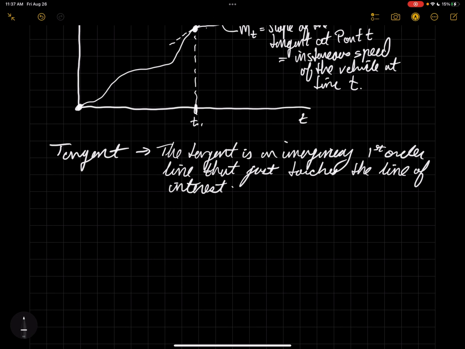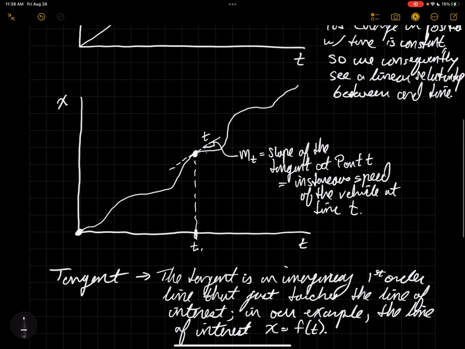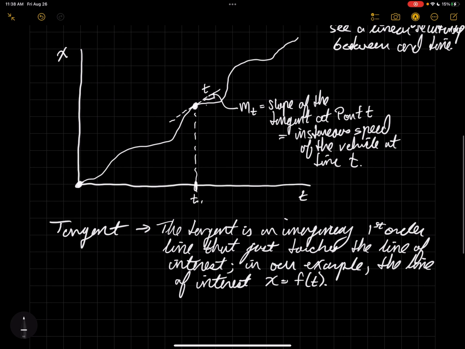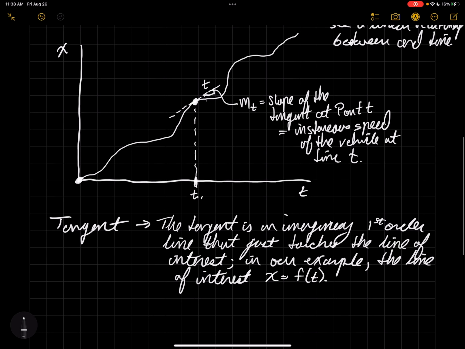For example, the line of interest in our example is x equal to a function of time, right? So basically this curve that you see here is our line of interest, okay? And so you can see that what we've done is we've drawn a tangent, this line T, which is just touching the line of interest at the point where we're interested in having that tangent occur, okay?